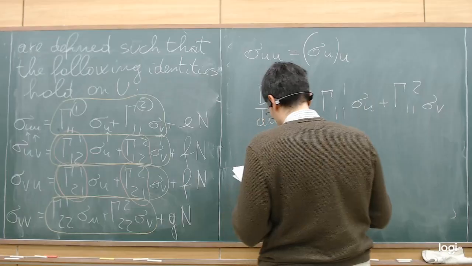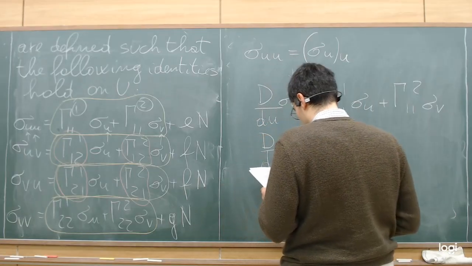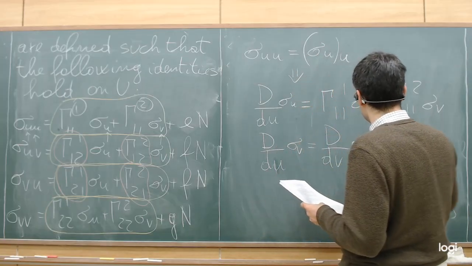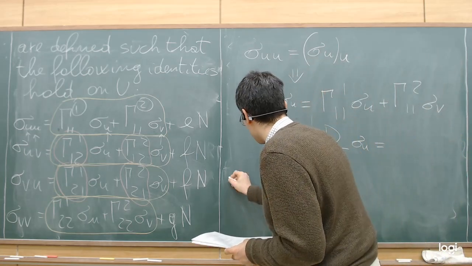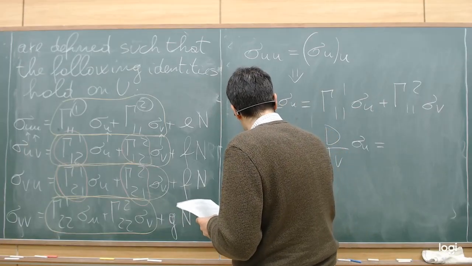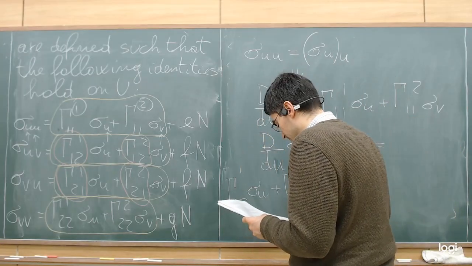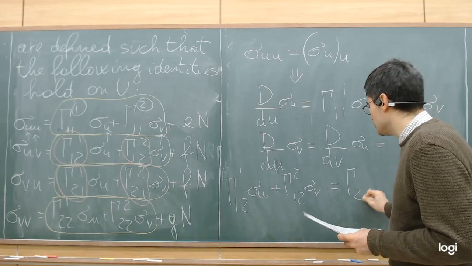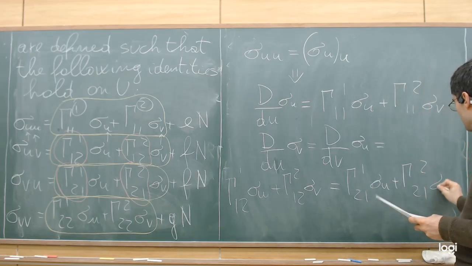And so on. So I have d u sigma v equal to d v sigma u equal to gamma 1 1 2 sigma u plus gamma 1 2 sigma v, but also gamma 2 1 1 sigma u plus gamma 2 1 2 sigma v.